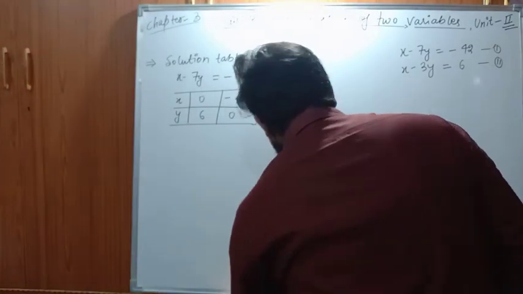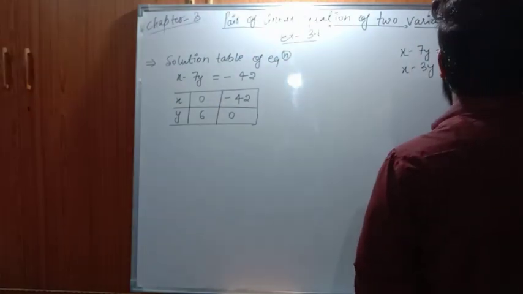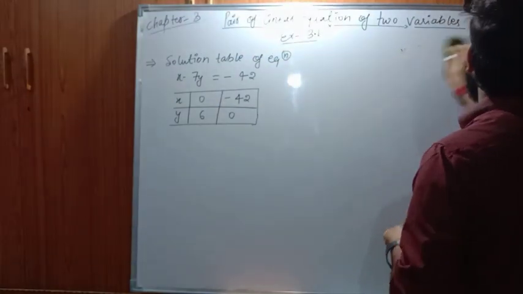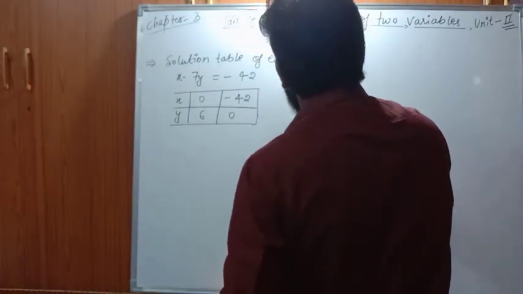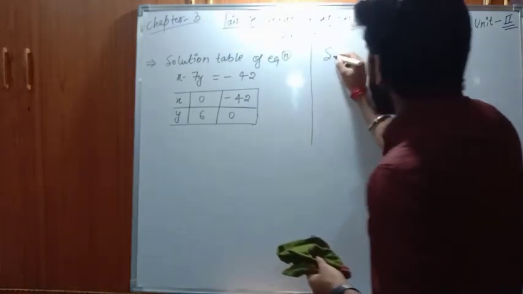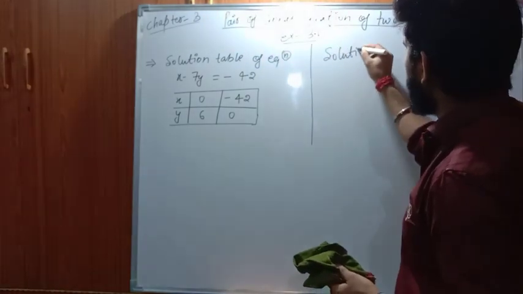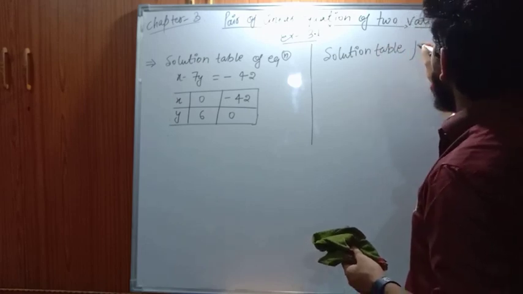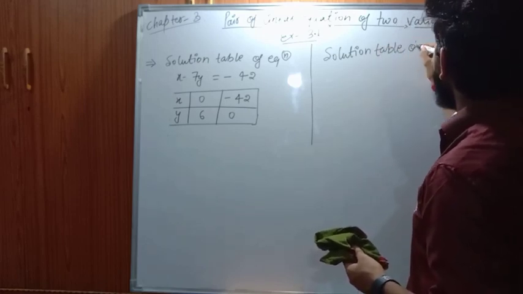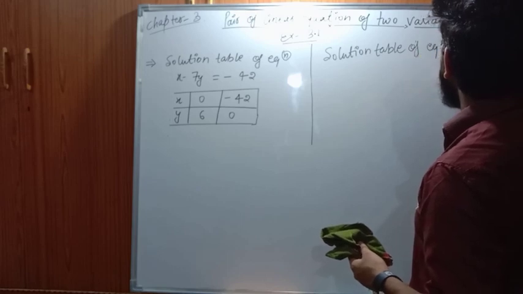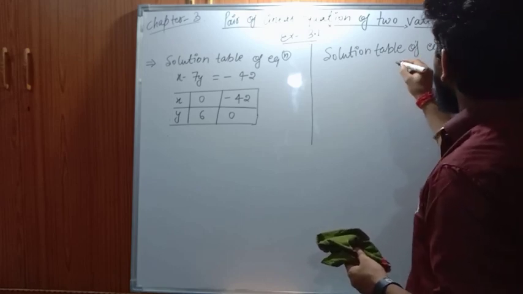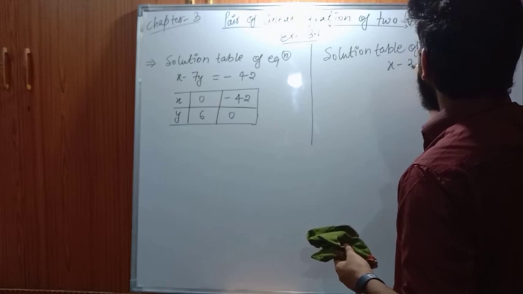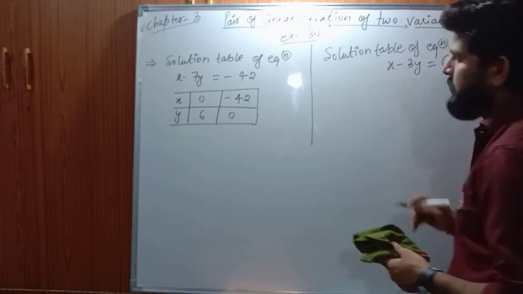So here the second equation, x minus 3y equals 6. So the solution table of equation x minus 3y equals 6.